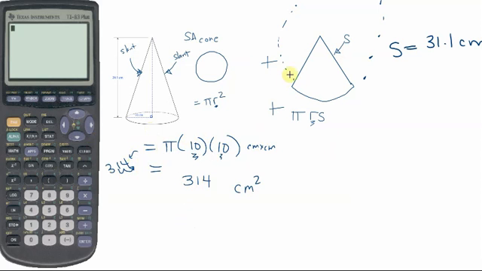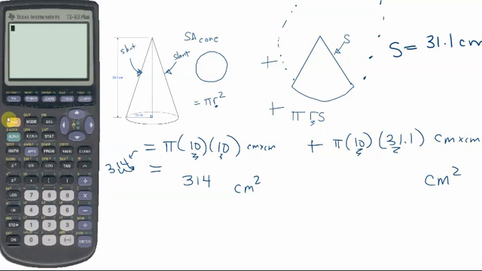All right, the whole surface of the cone on top is going to be pi times r times s. And we did all that work just to figure out that s. So plus pi times 10 times 31.1. Ew, ugly looking 3. That's okay. Now again, these two are dimensions, so it's going to be centimeters times centimeters, centimeters squared.